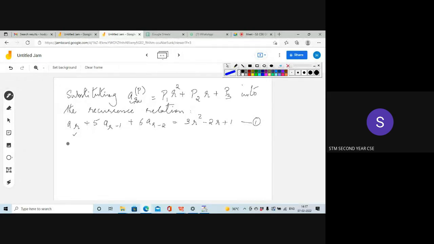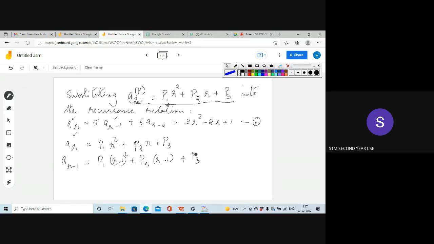So we have AR is equal to P1R square plus P2R plus P3. Since we know it is a particular solution, you needn't write it again. So AR is P1R square plus P2R plus P3. Now what next, we have to find AR minus 1. AR minus 1 is equal to, just put R minus 1 in this equation, P1 into R minus 1 the whole square plus P2 into R minus 1 plus P3.